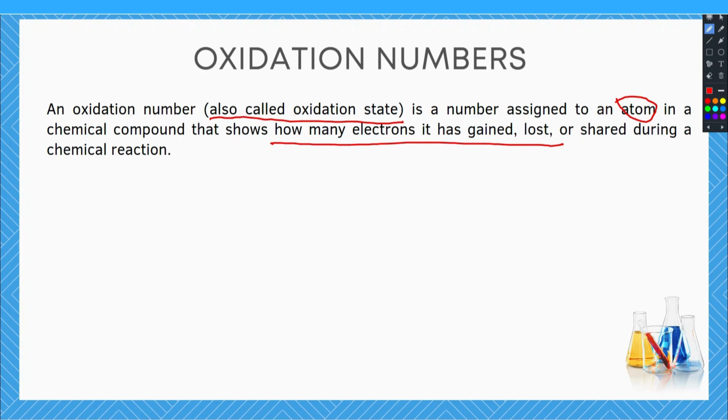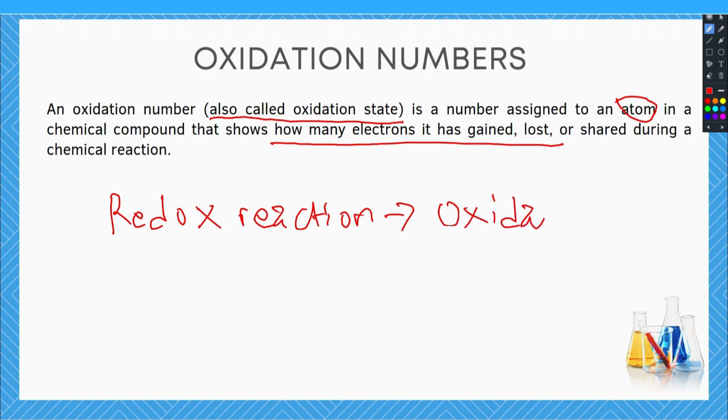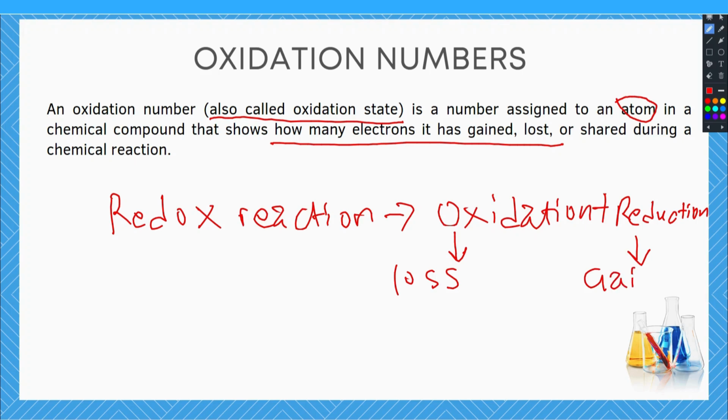Now, remember, when we started this series, we said a redox reaction is a reaction where both oxidation and reduction are taking place at the same time. And remember, we said oxidation is the loss of electrons and reduction is the gain of electrons.